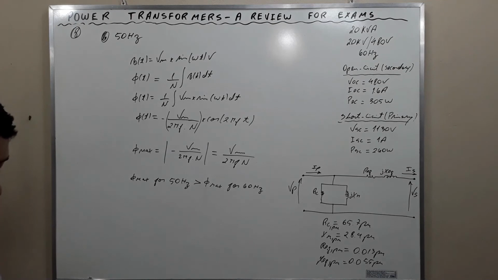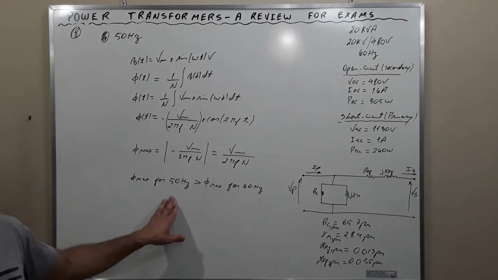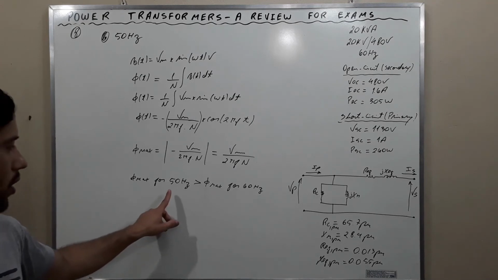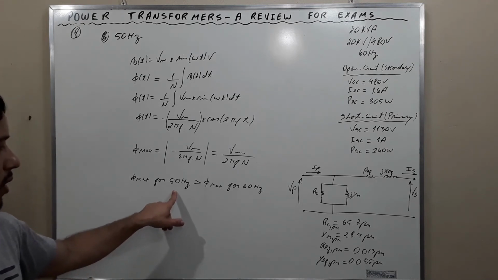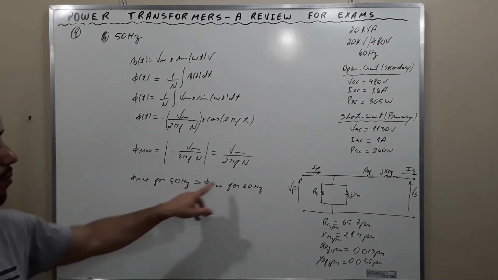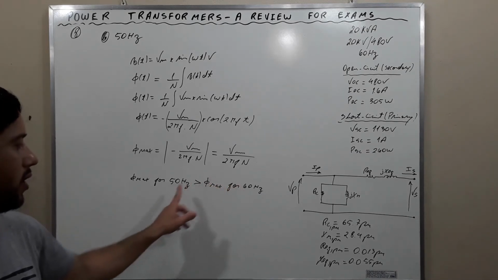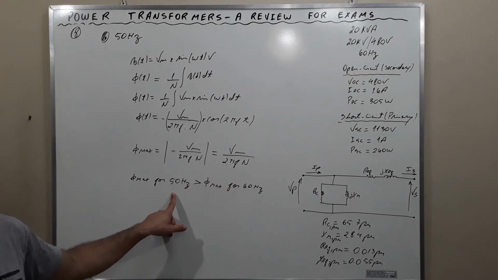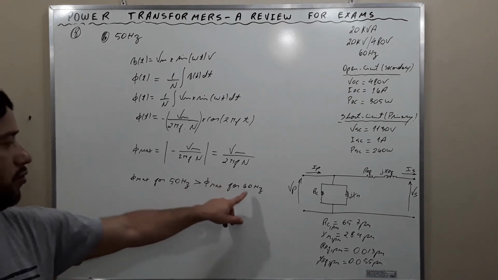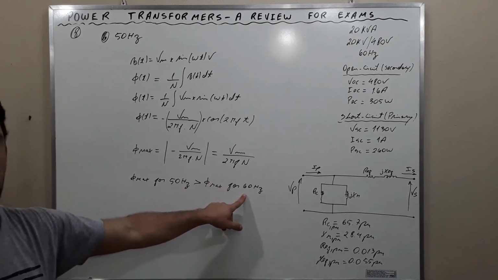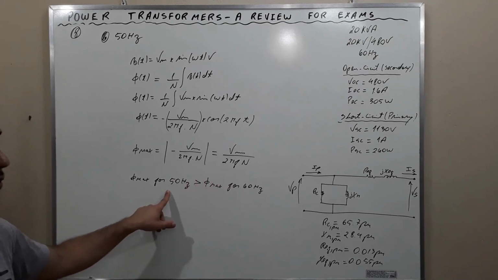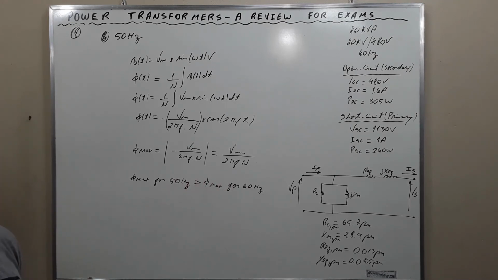Okay? And this is not recommended. The opposite may be done. A transformer designed for 50 hertz can be used in a system that uses 60 hertz. But the opposite must not be used, because a transformer designed for 60 hertz used in a 50 hertz system will saturate and overheat. Okay? This is the conclusion that we get.